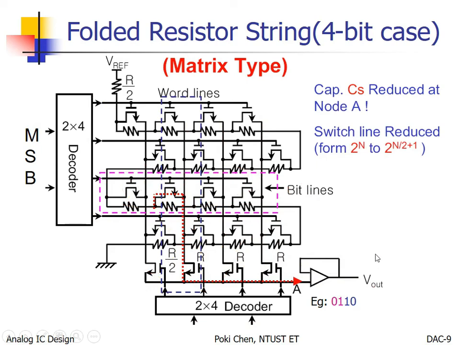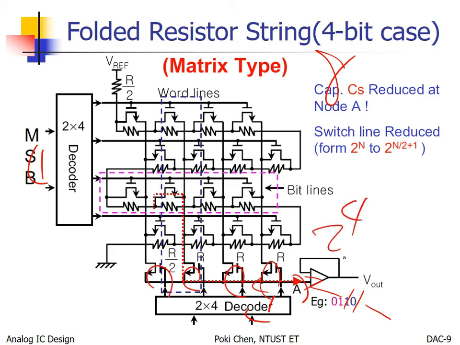you can see if you have n bits, for example, if you have 8 bits, then 4 bits here, 4 bits there. So for this node, if you look forward, you will see the input resistance of the buffer, right? If you look back, you will only see 4 bits of switches. So only 16, right?